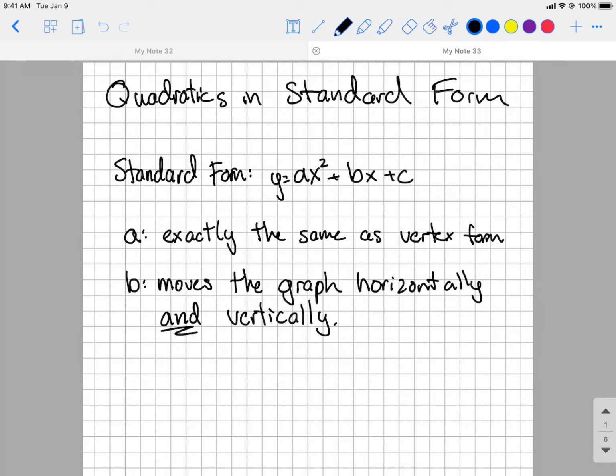So that's not great. C, slightly more useful, moves the graph just vertically. But it's not like Q in our vertex form. It doesn't tell us where the vertex is. It does tell us something, though, which you may not have noticed.